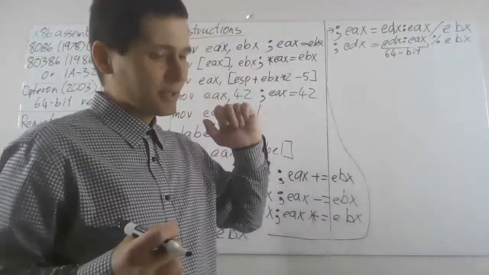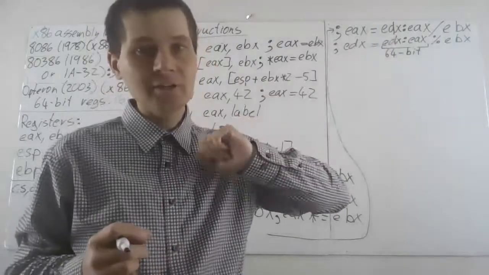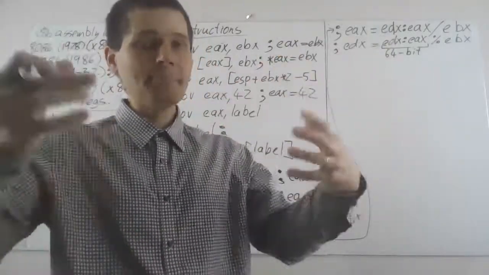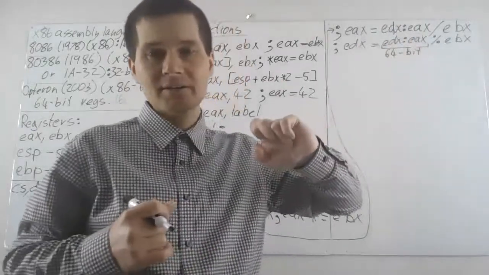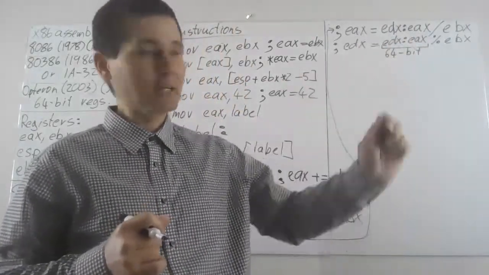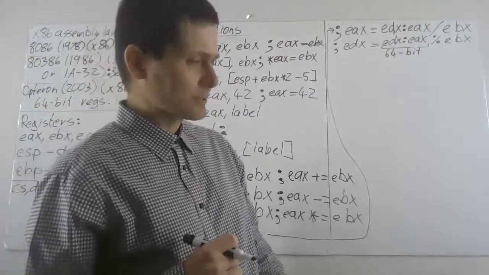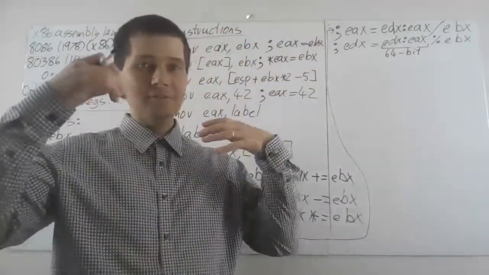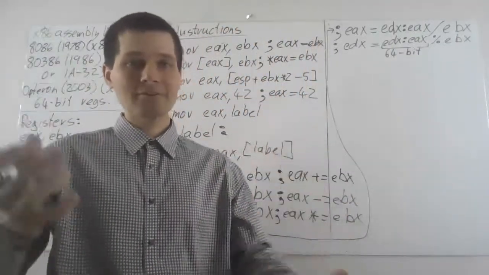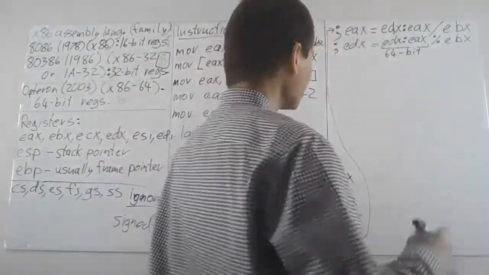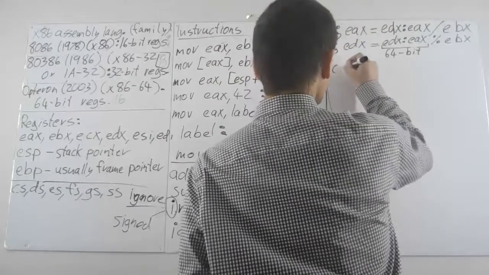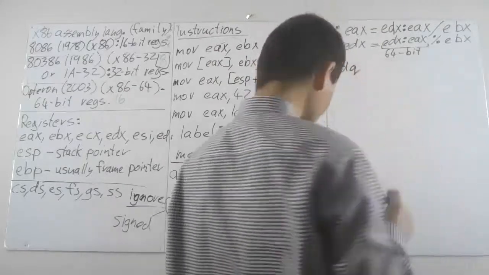So the point is, before you do a division, you need to set all the bits of EDX to match the sign bit of EAX, the first bit of EAX. You could try to do that manually, but luckily there's an instruction that does it for you, and it's called CDQ.